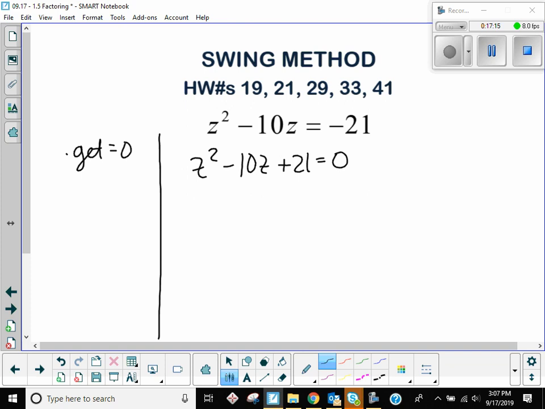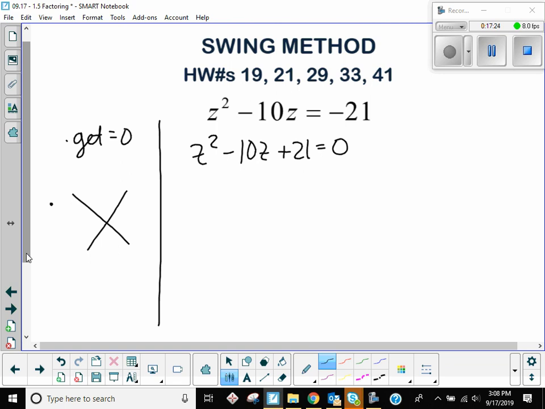And then for swing method, here's how I like to begin. I give myself this little cross. And I want to figure out what 2 numbers multiply to AC and add to B. That's the same A, B, and C we talked about yesterday. I don't actually see an A value, so I know it's what? 1.